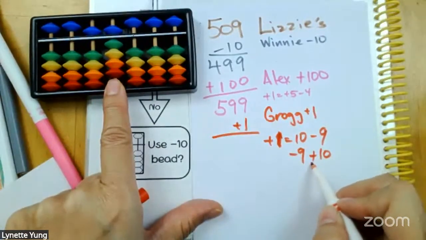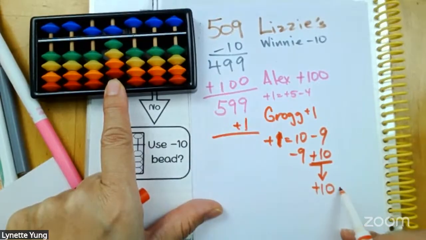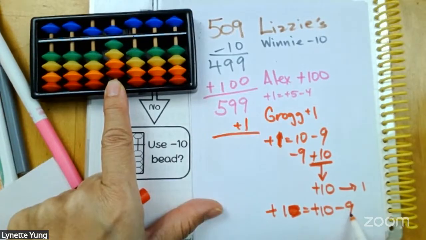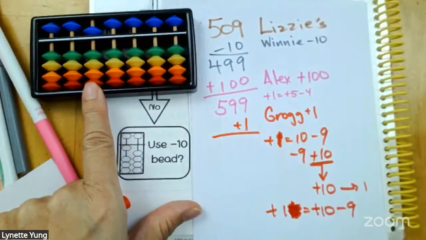So plus 1 is equal to plus the 10 minus the 9. So we minus the 9 here, and then we plus the 10 again.